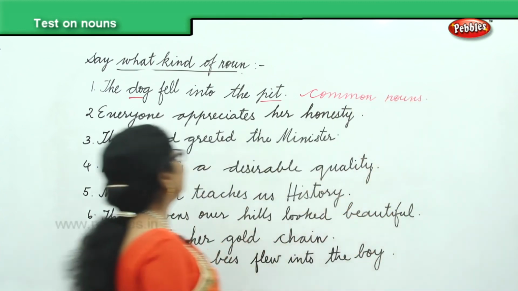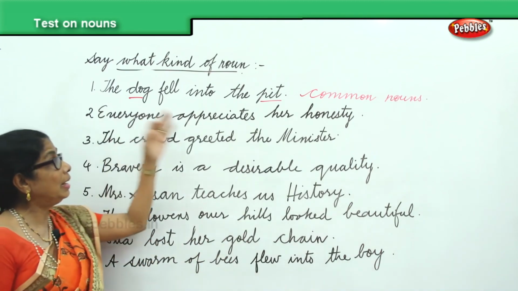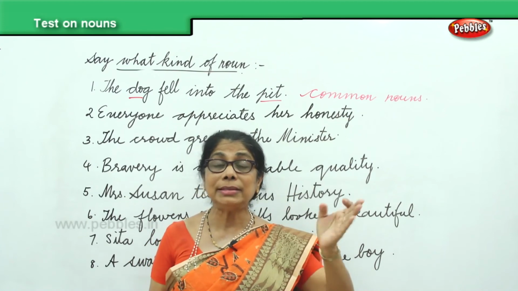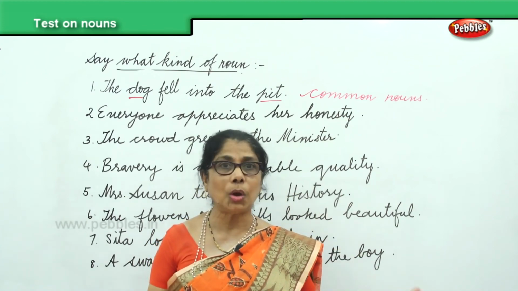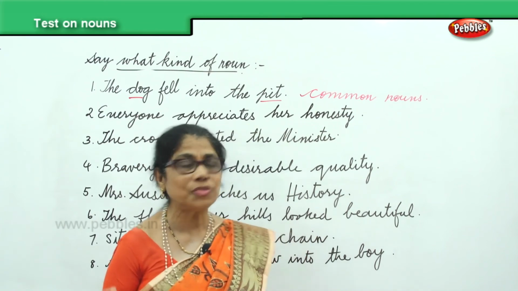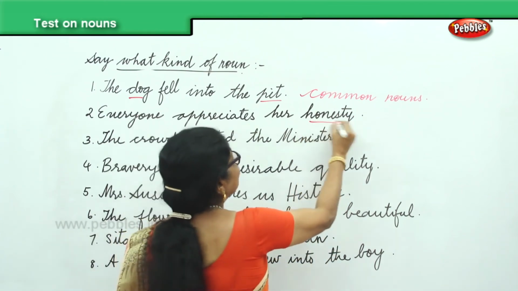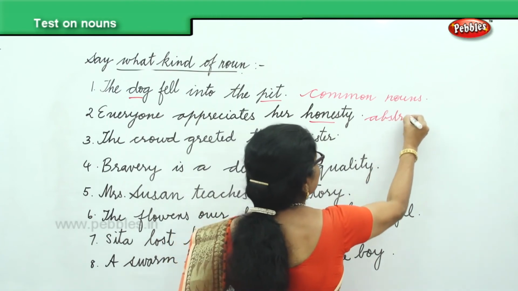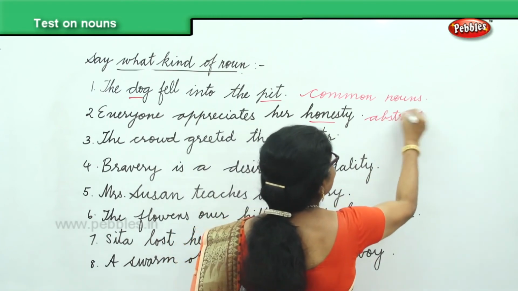Okay, now everyone appreciates her honesty. Honesty, you can only talk about it. So what noun is that? It is an abstract noun. So we found honesty and it's an abstract noun.